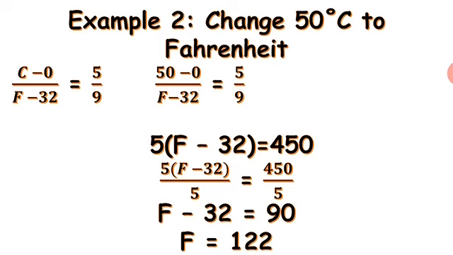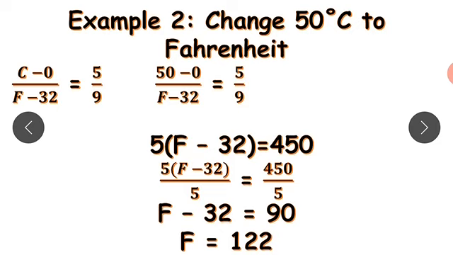For example number 2, change 50 degrees Celsius to Fahrenheit. Let's use the proportion to get the answer. This one is the proportion: C minus 0 divided by F minus 32 is equal to 5 over 9. The first step is to substitute the value of C. C is 50 degrees, so 50 minus 0 divided by F minus 32 is equal to 5 over 9.